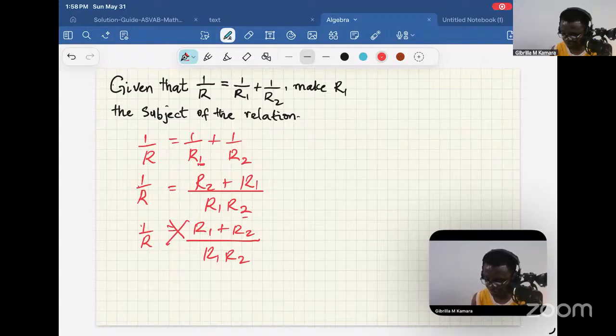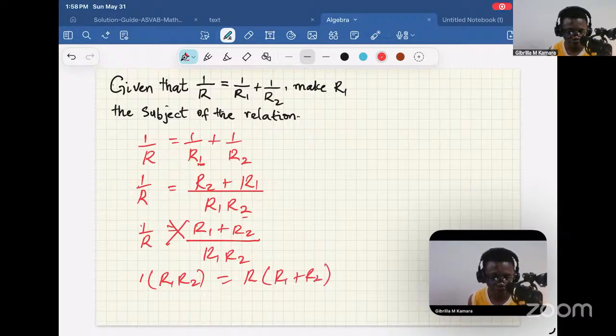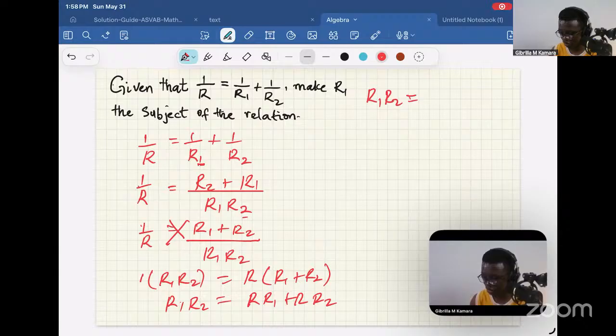Cross multiply. 1 into r1 r2 equals r into r1 plus r2. Okay? Now this becomes r1 r2 equals r r1 plus r r2.